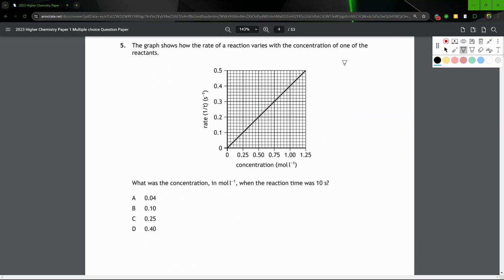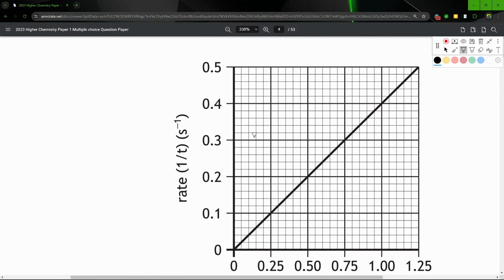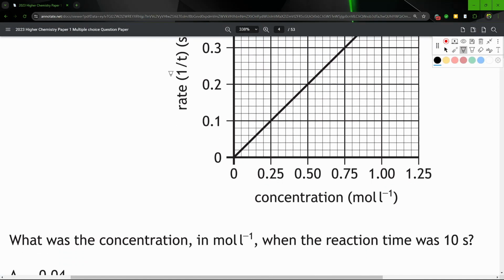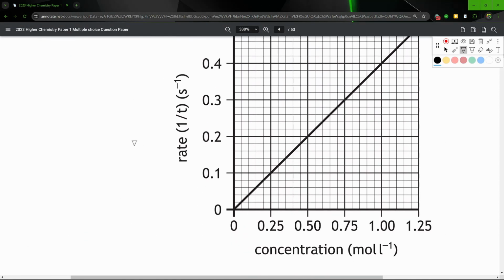Moving on to number 5. The graph shows how the rate of reaction varies with the concentration of one of the reactants. What was the concentration in moles per litre when the reaction time was 10 seconds? Now note, on the graph you can clearly see there's actually no 10-second mark, because that is measured in relative rate.